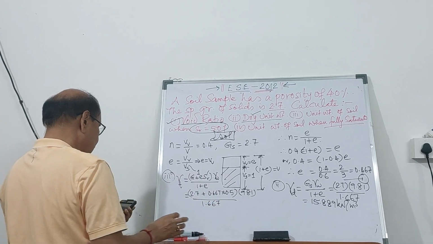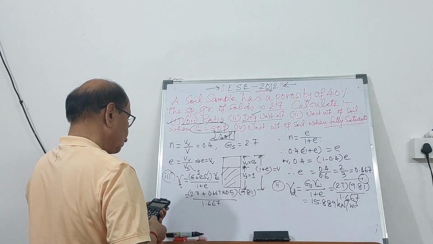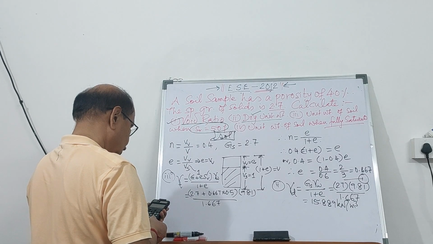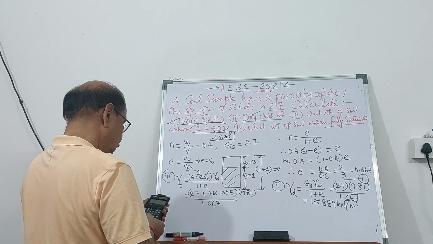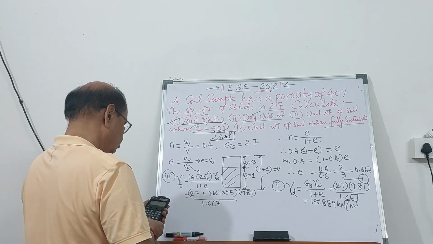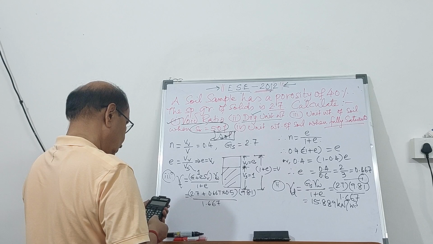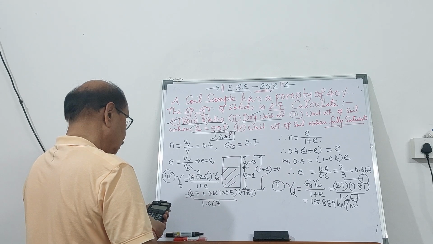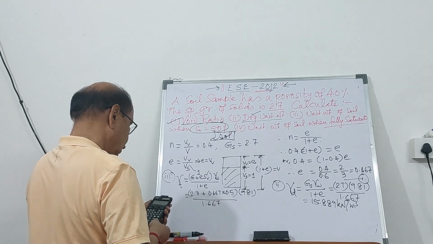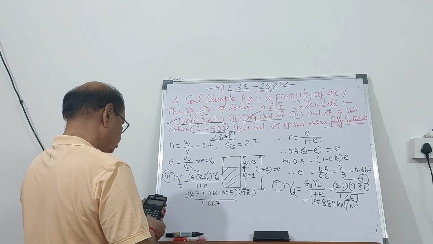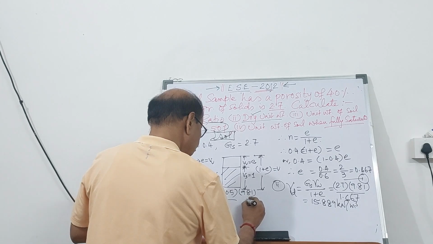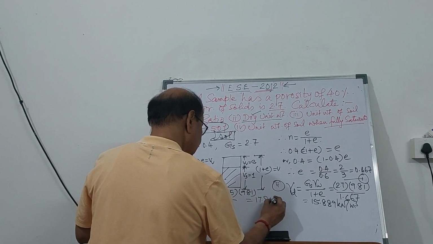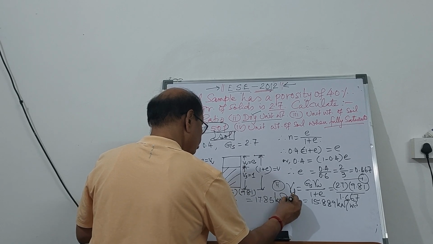So let us calculate this. 17.685 kilonewton per cubic meter.